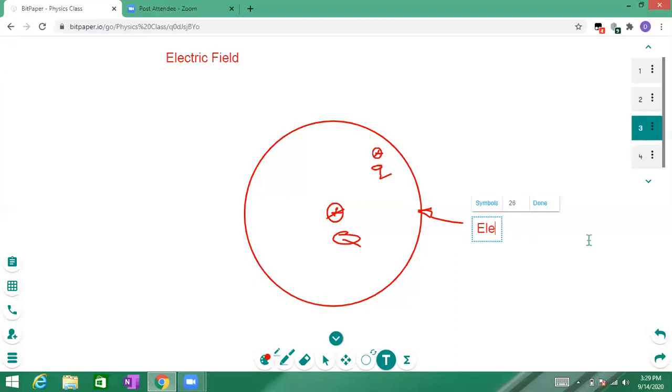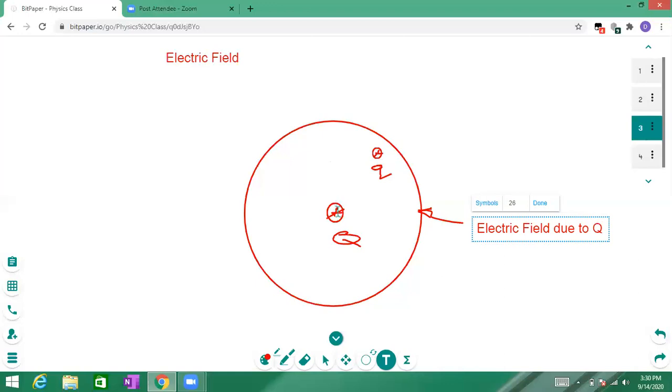It is the electric field due to the charge capital Q. Now this small charge q, if it is within this electric field, will experience force.